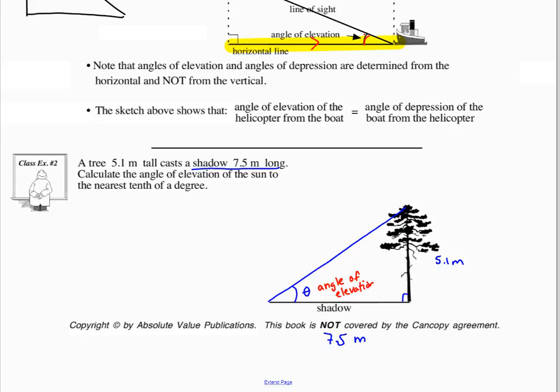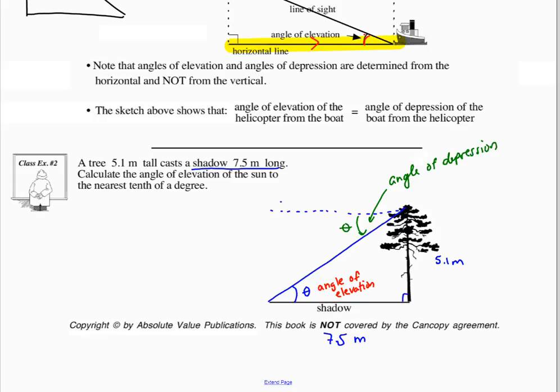If I asked you for the angle of depression, you would have to draw a horizontal line at the top. That is not horizontal, I cannot draw straight lines. This technically right here would be your angle of depression, from a horizontal down to the hypotenuse, the line of sight.